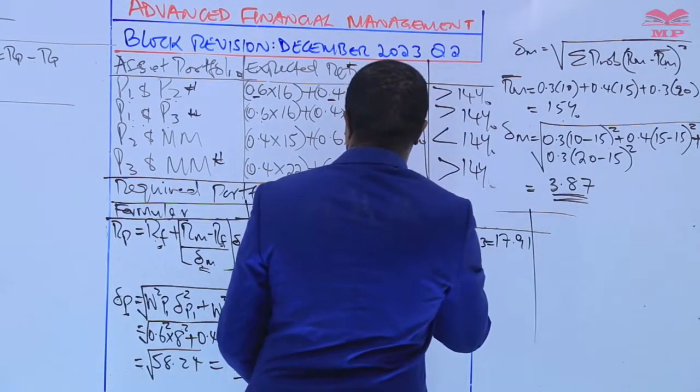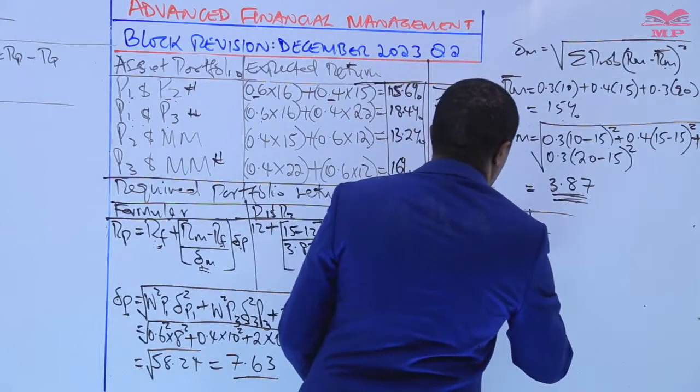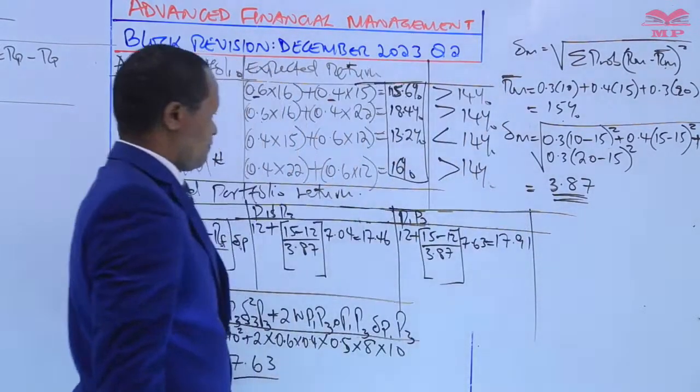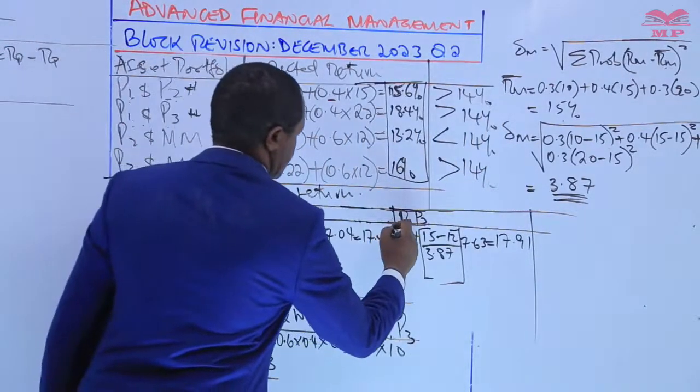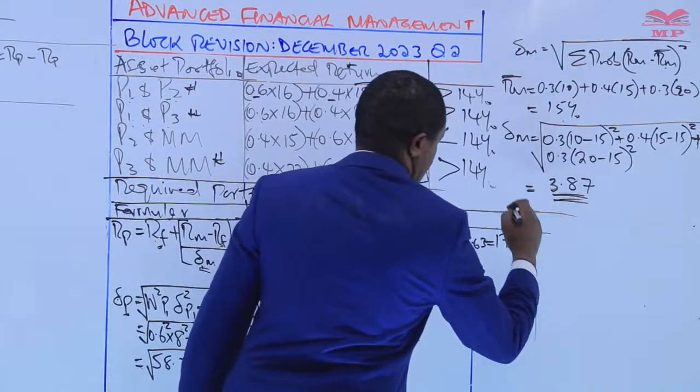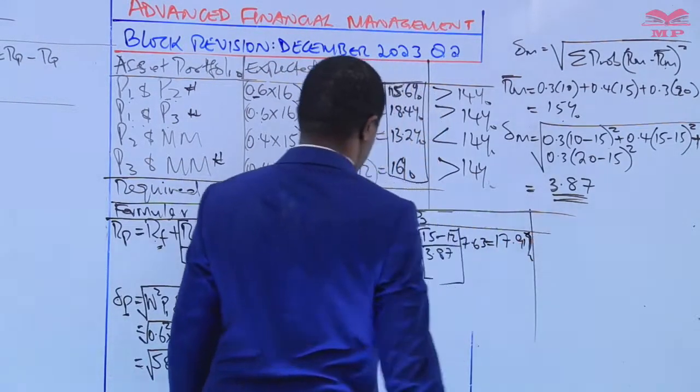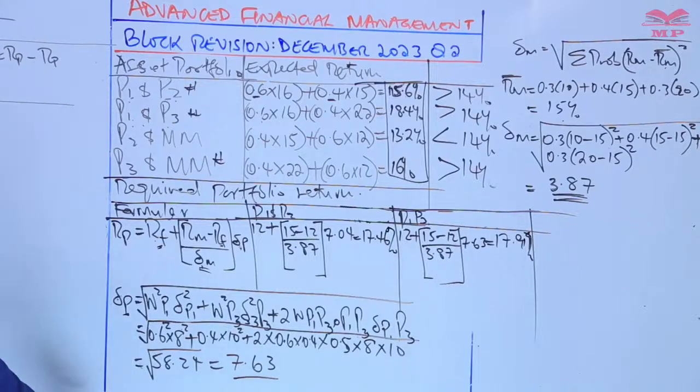That is the required rate of return for that portfolio, 17.91%. These are percentages. Let's proceed to the last one.